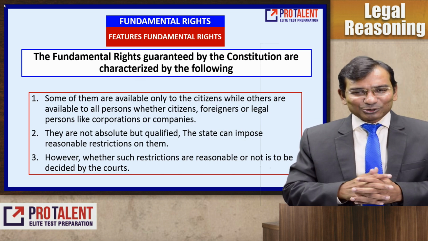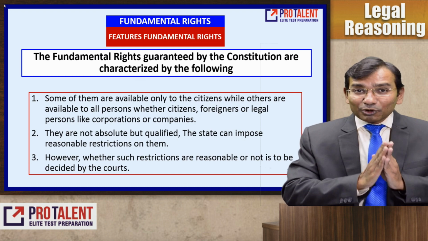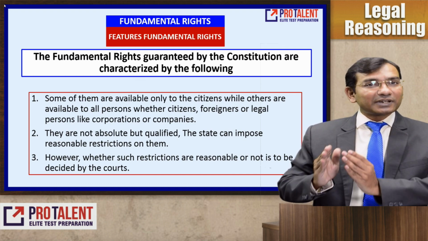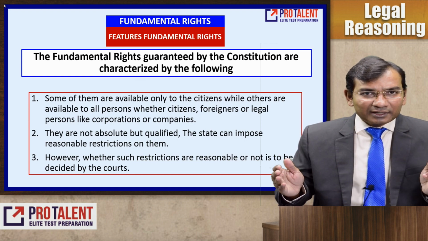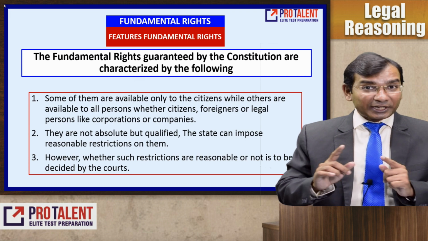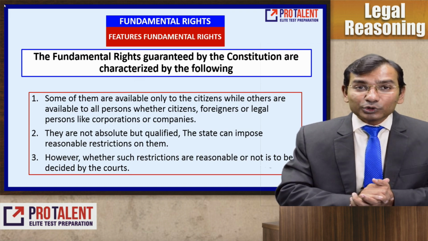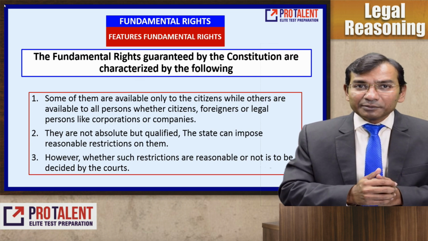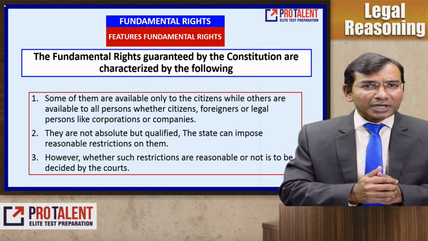Okay, let me start with number one. Some of the fundamental rights are given to citizens, while some are available to everyone. For example, Article 21, which is the right to life. Similarly, Article 14 is given to everyone, that is, equality before law and equal protection of law.